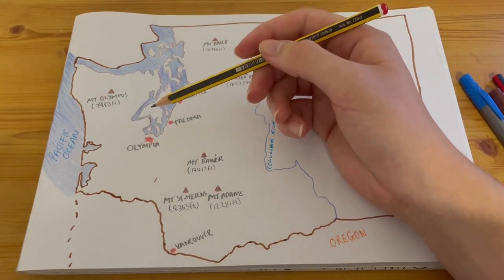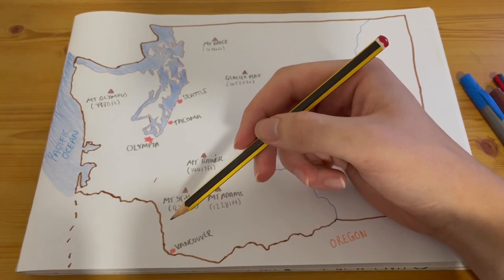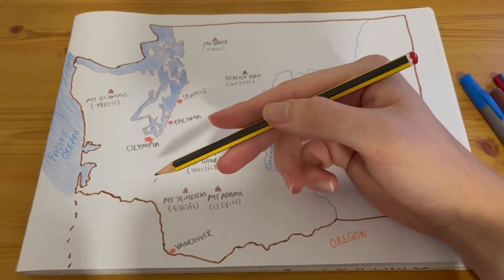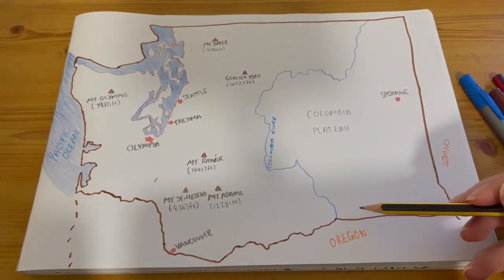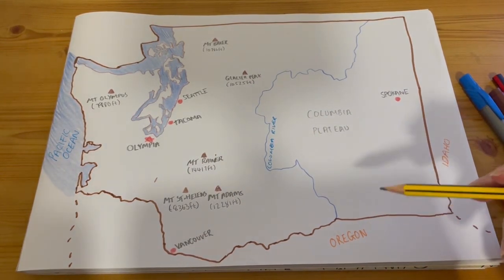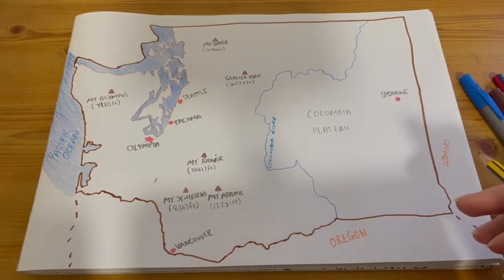And there's an awesome place named down here near Vancouver called Battleground. Let me know if you're from Battleground. And there's a place here called Walla Walla. Two words, Walla Walla. That's awesome. There's some very cool names here. So yeah.